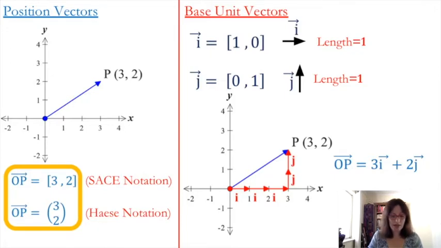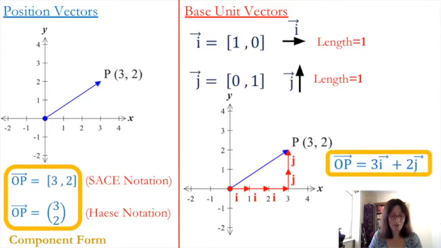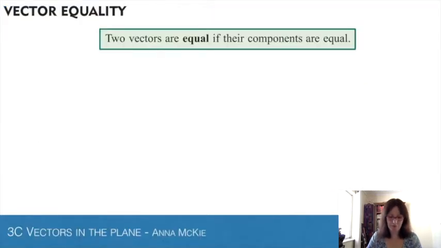So this form here in the yellow box over here, that's called component form. That's when you're looking at the two parts of the vector, the horizontal and the vertical component, and you're just looking at them. And then when you put it into this form over here, so you're using the components, but you're also including the unit vector there, the i and the j. So that's unit vector form and component form.